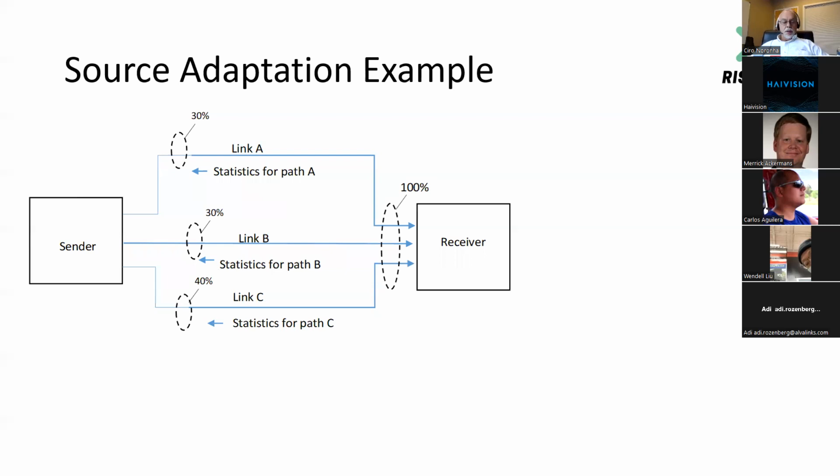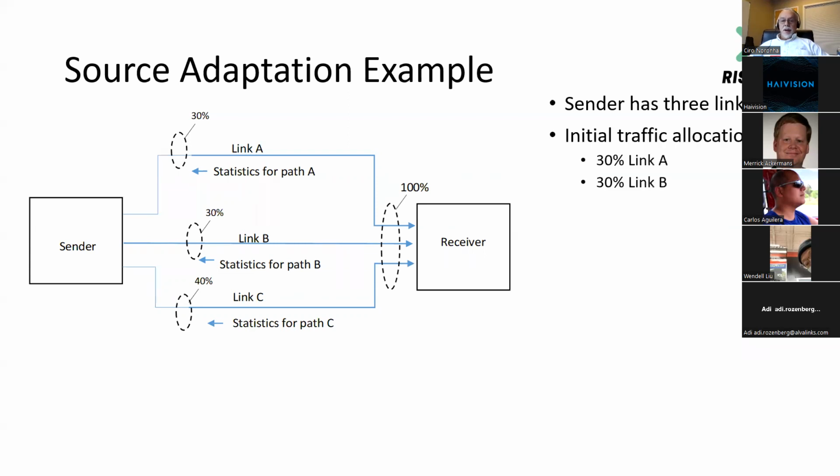So here's an example, and acknowledgements to Adi Rosenberg from Overlinks for putting that together for us. This is actually in the TR. I copied that from there. The sender has 3 links, and we allocate 30%, 30%, and 40% on the links. Now, link A shows a 10% increase in packet loss.